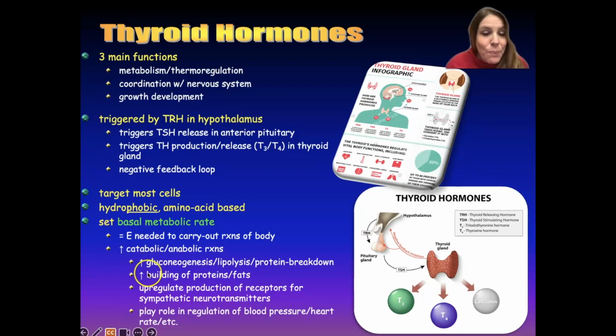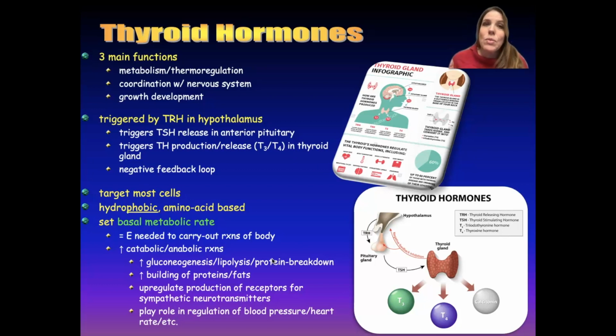So for example, thyroid hormone can increase gluconeogenesis, which raises the amount of glucose available in blood. It increases the amount of lipolysis going on, so that would be breakdown of fat from the adipocytes, and that makes fatty acids available in the blood. And protein breakdown. Breaking down proteins makes amino acids available in the blood.